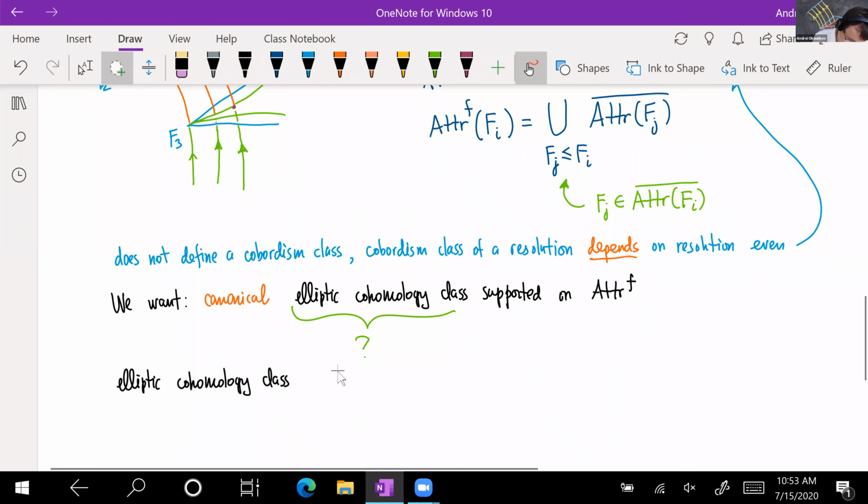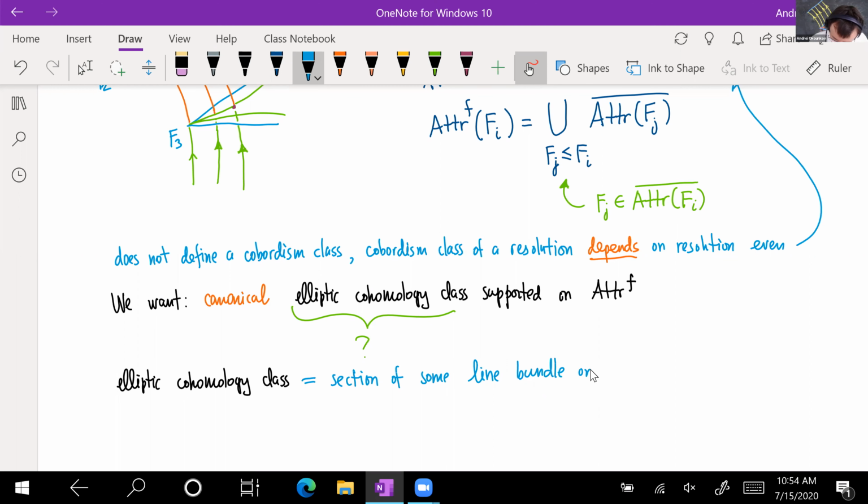So for us, the elliptic homology class is just some section of some line bundle on this elliptic homology.